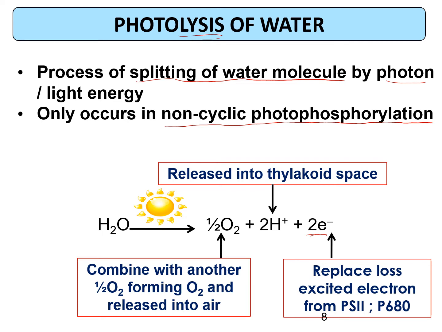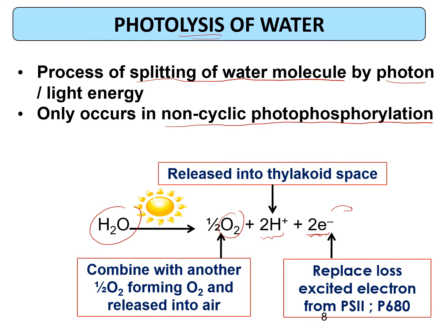For photolysis of water, the electron generated will be used to replace the loss of electron in photosystem 2. So let's see the equation that splits the water. We have the oxygen, the hydrogen ion, the proton, and then the electron. The electron will be replacing the loss of electron in the primary pigment.